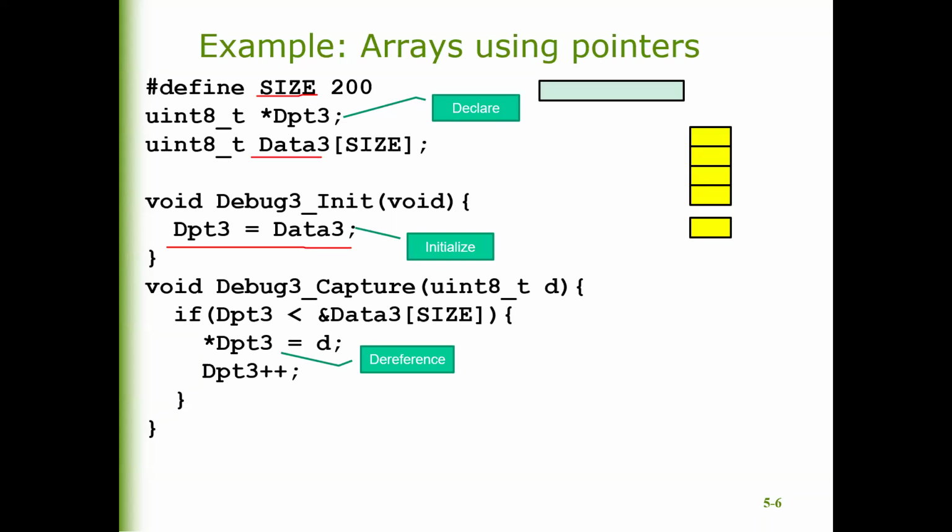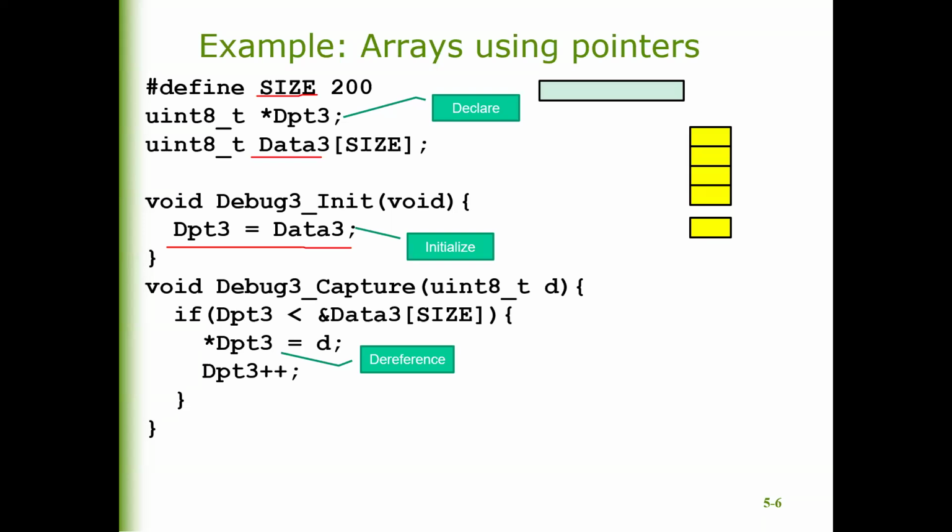Because data3 is an array, if you write data3 this way, it is equivalent to &data3[0]. Remember, when we access the array, we have dpt3 = data3.